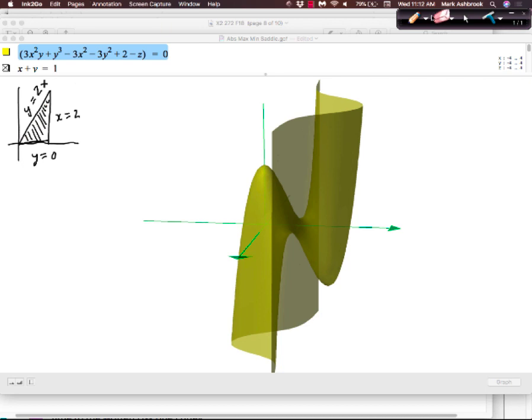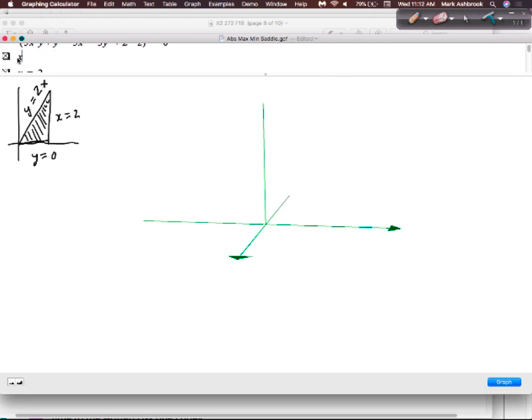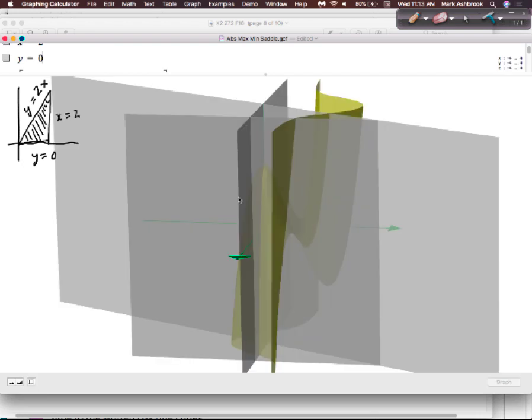So let's show that visually here. All right, so that's kind of a mess.